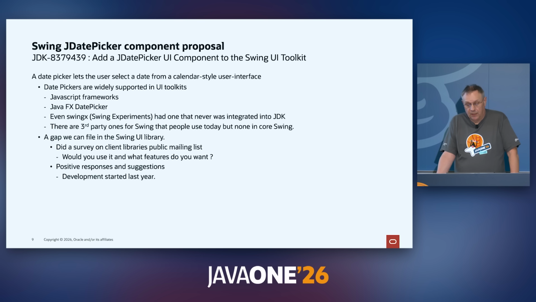JavaFX has a date picker, and there was a Swing date picker a long time ago in this external thing called SwingX, which was Swing Experiments, a website where the people who were working on Swing at the time would prototype ideas of things that might eventually make it into the core Swing API. That's still out there somewhere. Some people have got it, but the SwingX website's been gone a long time.